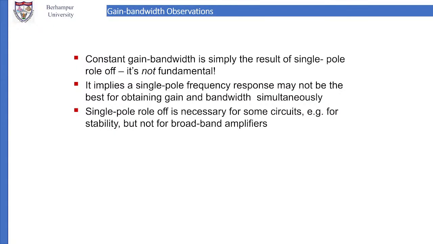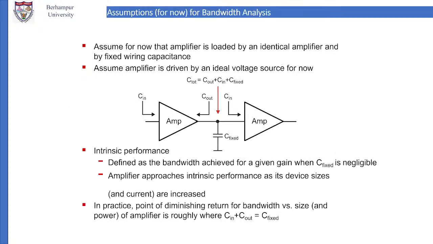Then we made some observations. I think here this is the point where we stopped in the last class. So from that point, let us come to today's class. Here what we will do is, for the time being, we will assume that for bandwidth analysis, the amplifier that we are using is loaded by another identical amplifier.